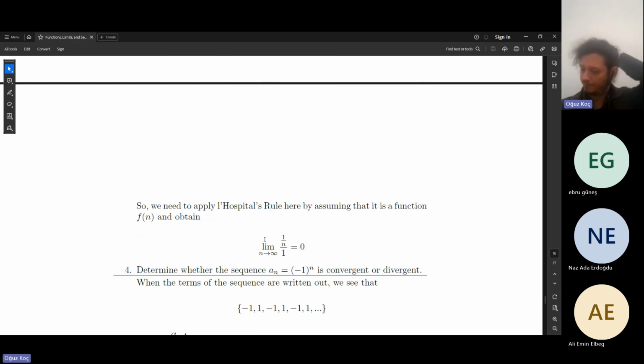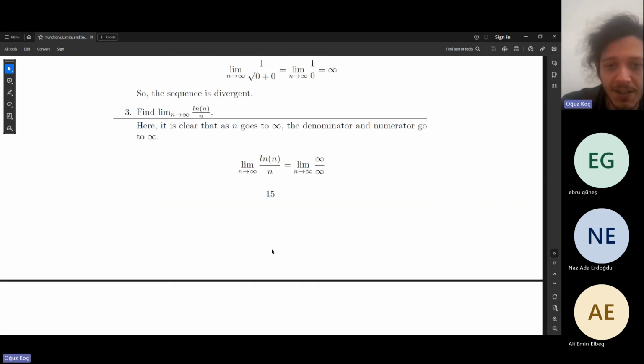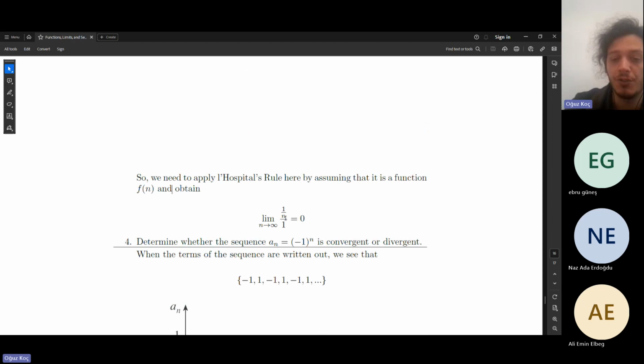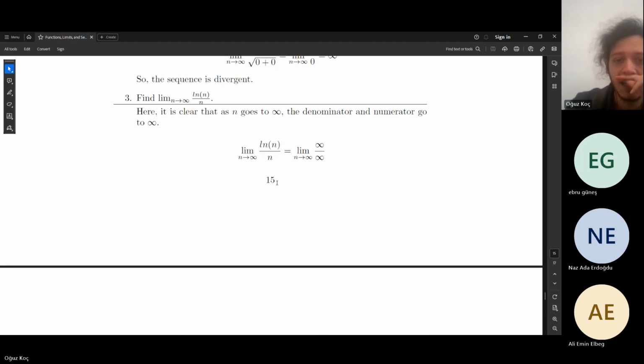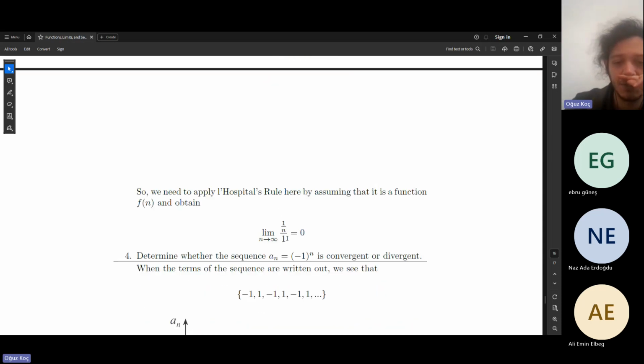L'Hopital's rule is simple. We just need to take the derivatives of the numerator and denominator separately, and we will talk about the derivatives in the next lectures. But in this situation, the derivative of the natural logarithm is 1 over n, and the derivative of n is 1.